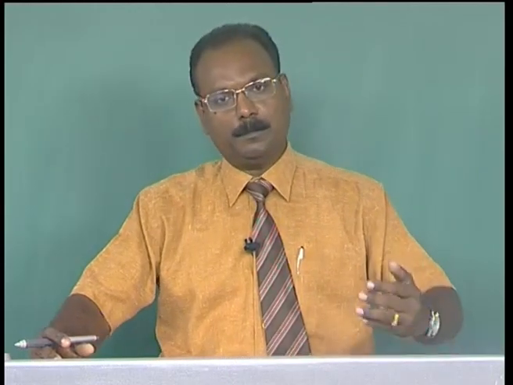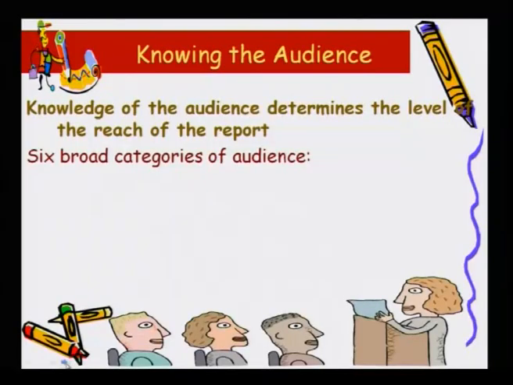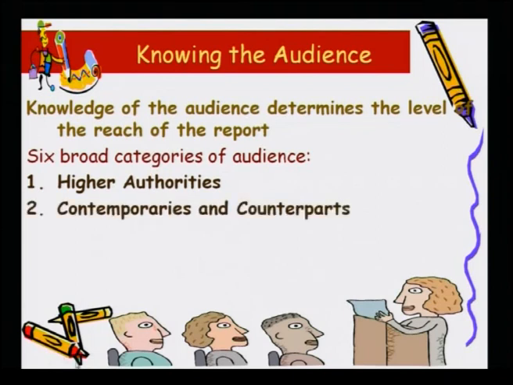There are 6 broad categories of audience. The first kind happen to be your higher authorities. These are your superiors, the bosses, the people who are going to decide and determine everything about your report. The second category are the contemporaries and the counterparts.